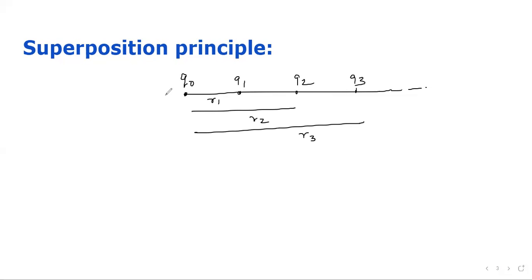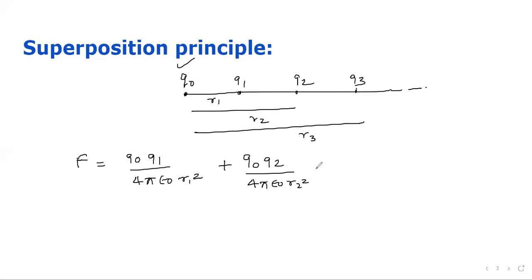In that case, force on Q0, F, is equal to Q0 Q1 divided by 4 pi epsilon naught R1 square plus Q0 Q2 divided by 4 pi epsilon naught R2 square plus Q0 Q3 divided by 4 pi epsilon naught R3 square and so on.